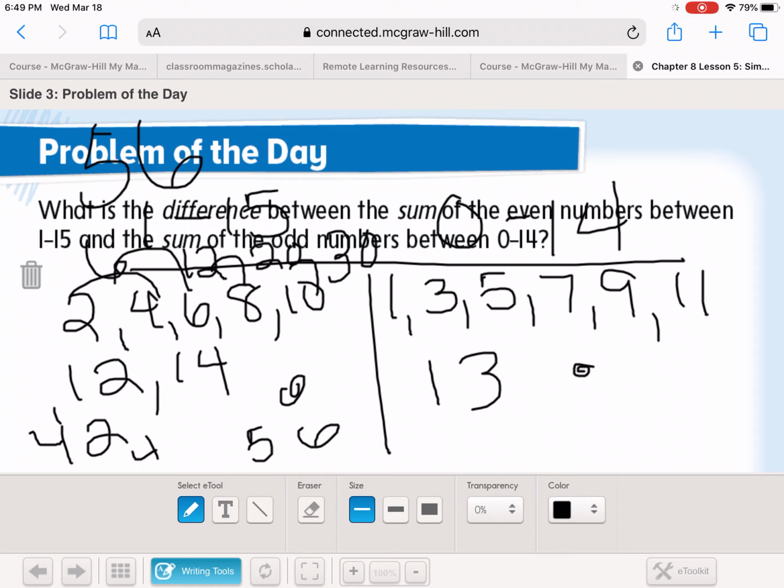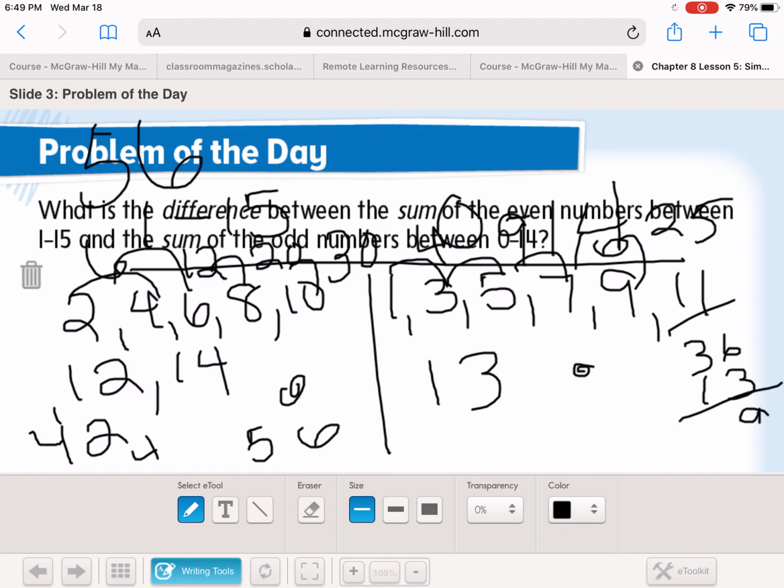All right, now let's add these. 1 plus 3 is 4. 4 plus 5 is 9. 9 plus 7 is 16. 16 plus 9 is 25. 25 plus 11 is 36. 36 and 13 is 49.